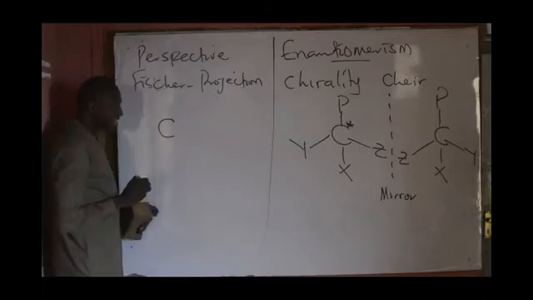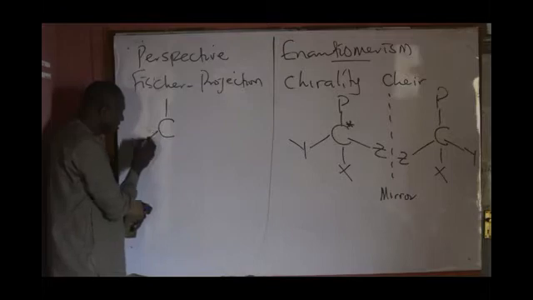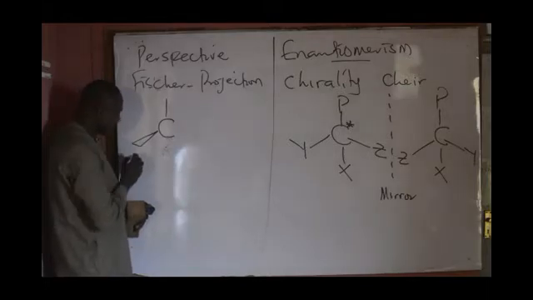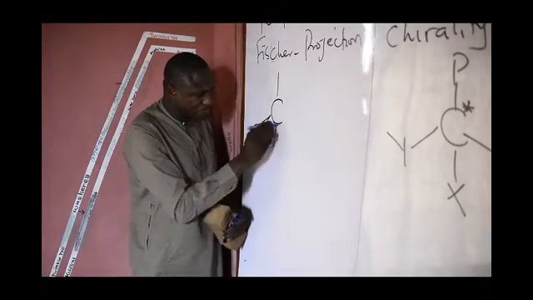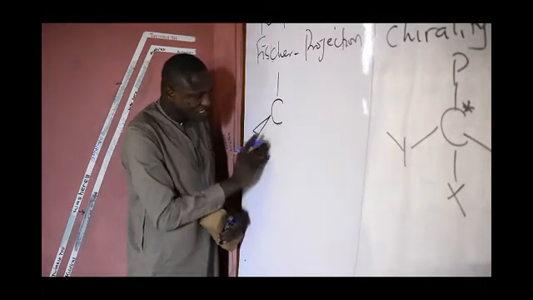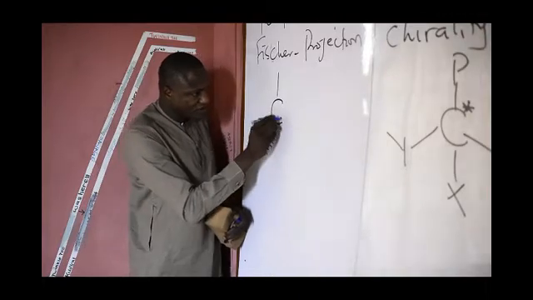So you have the chiral center, you have a bond here, then you have another bond here. Then you have a solid wedge, then you have another bond here. You may have another bond here or a dash wedge. The dash wedge is normally represented like this. Then you have another bond.